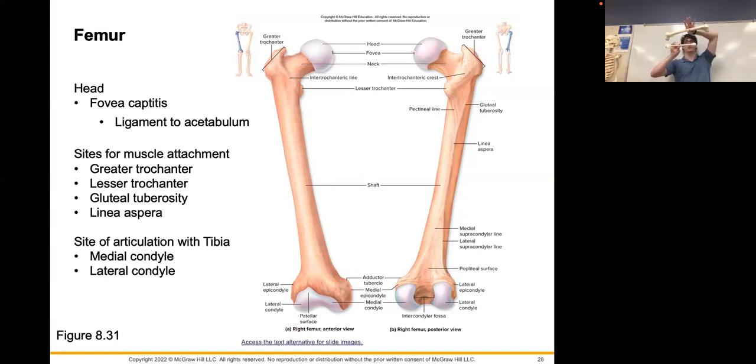Something like 3 or 4 times the mass. Why? This one supports weight. This one supports a cell phone. Okay, that's the difference. This one you can use to throw a ball. This one you can use to stand on and crush the ball. Okay, that is the big difference between these. This one holds your weight. This one does not. Because of that, this one is so much heavier.